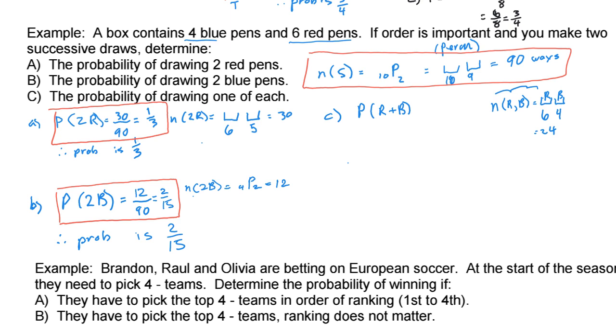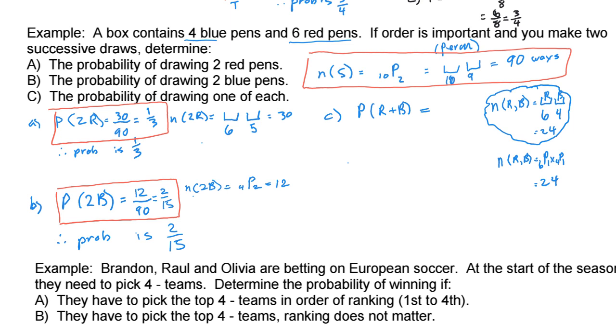Now, that's one way to get the answer. I could also do it this way. N of R and B happening together is going to be, for R, 6P1 times 4P1, which gives us 24.